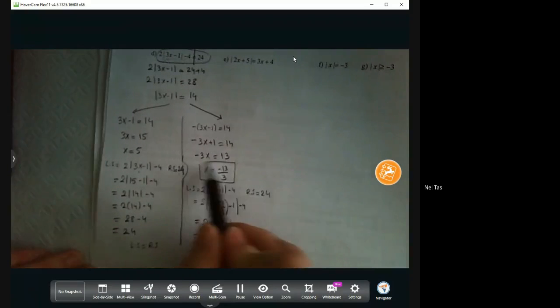Okay, so we multiply this, 3 and 3 is gone, negative 13 minus 1, so negative 14. So absolute value of negative 14 is positive 14. So 28 minus 4 gives you 24. So left side equals right side. That means these two solutions are good. Both of them are good.